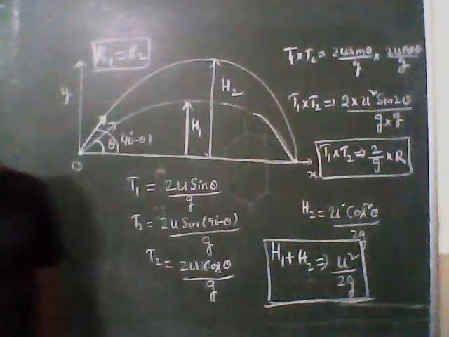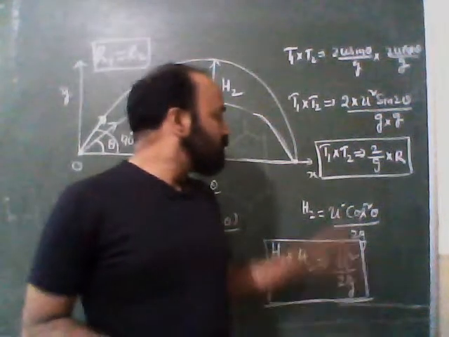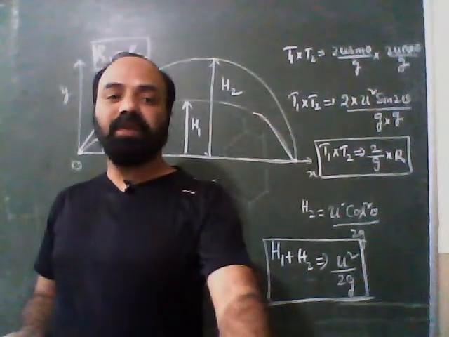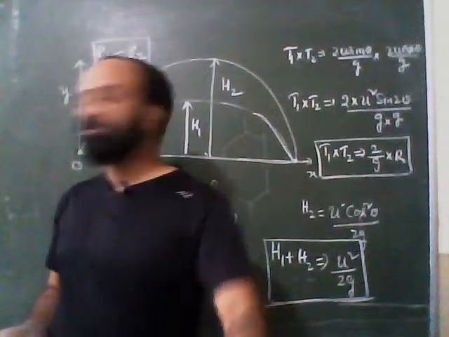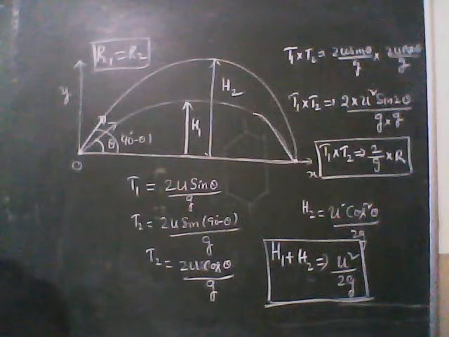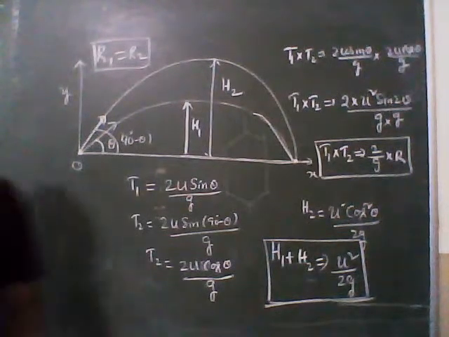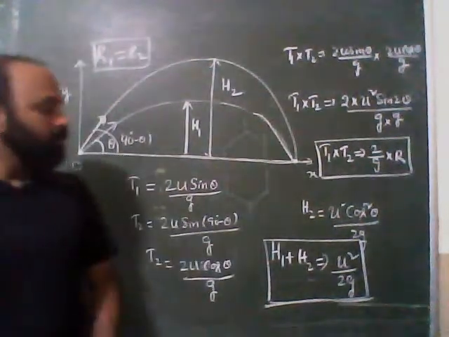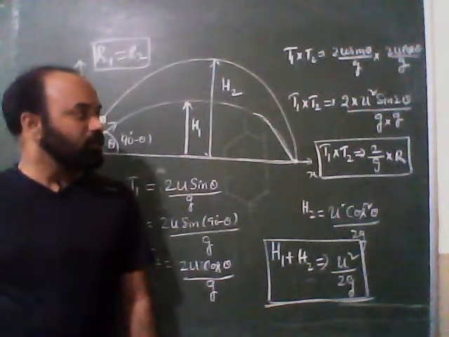Okay, write down. T1 into T2, the product of the times, is equal to 2R by g.